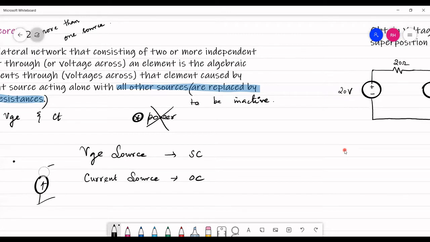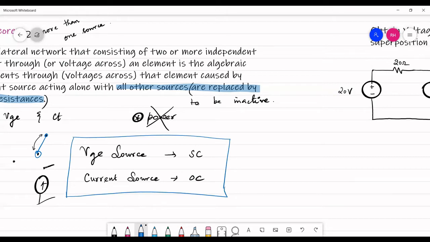So if you open the circuit, then automatically the flow of current is stopped, right? And similarly, potential difference or voltage exists only if 2 points are separated. If you make a connection between the 2 points, then automatically both these points potential becomes equal. That is, voltage difference or potential difference does not exist. So in order to make your voltage source inactive, you have to short circuit. So this should be remembered always.